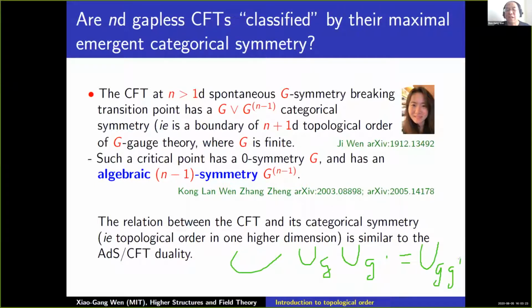That is a group-like symmetry. Even higher symmetry, or higher form symmetry, has this group-like relation. However, for this algebraic higher symmetry, we have an algebra. Basically, the composition of two symmetry transformations, U and U', gives us a sum, W plus W' plus so on. There's a sum. So it's more like an algebra.